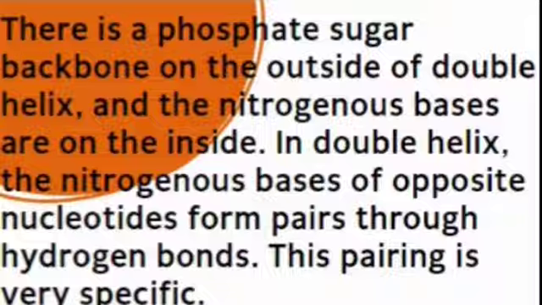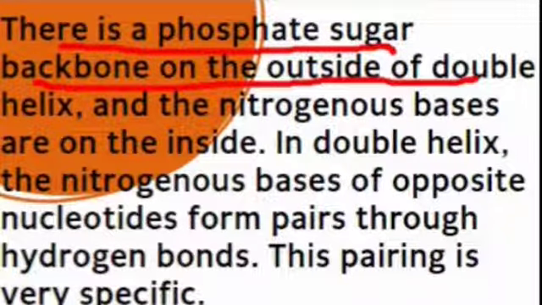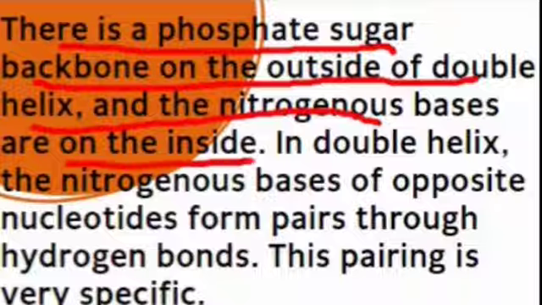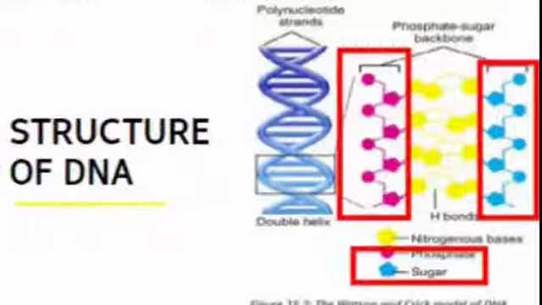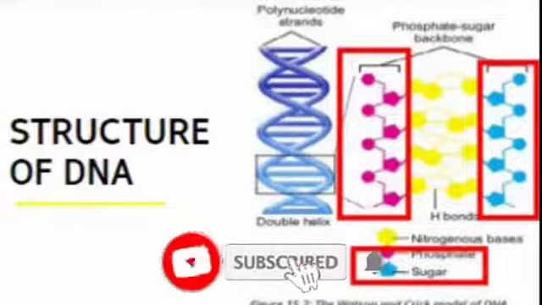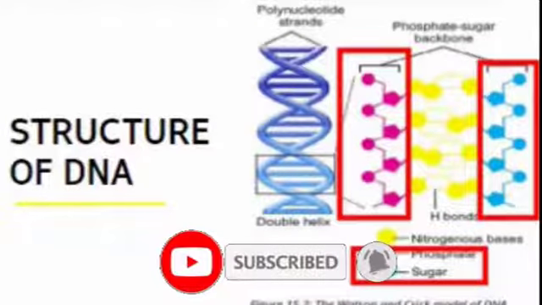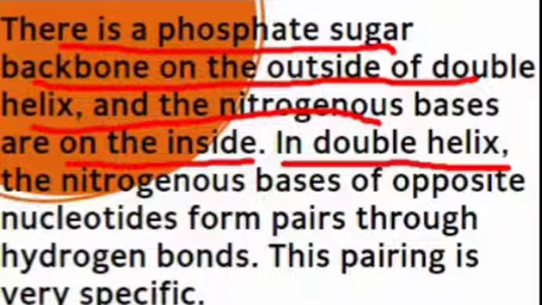Of the three major components of a nucleotide, two, phosphate group and sugar molecules, are on the outside of the double helix and the remaining one, nitrogenous bases, are on the inside. As shown in this diagram, nitrogenous bases are located inside the DNA double helix.